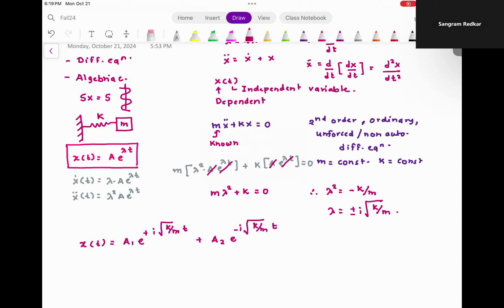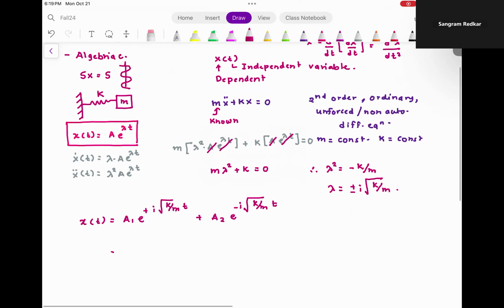Now, this equation looks different because it has square root of k over m. But let me tell you that the equation you see here can be represented in cosine and sine form using Euler's identity. Which means this equation can be written as a1. In case you are wondering, e to the i omega t is equal to, does anyone remember?